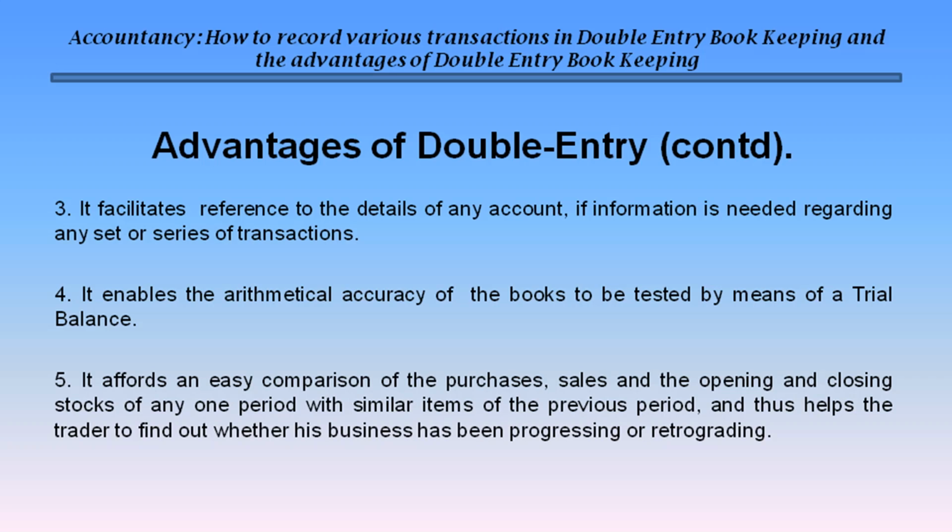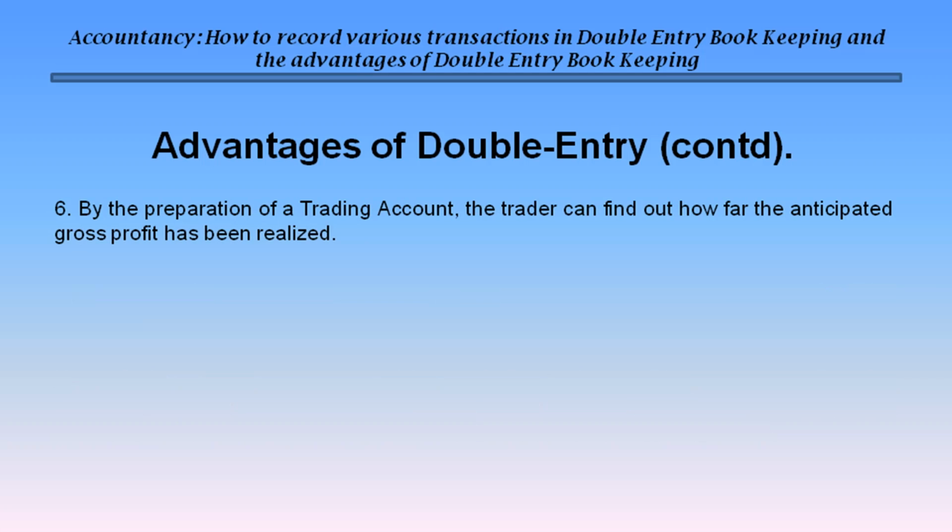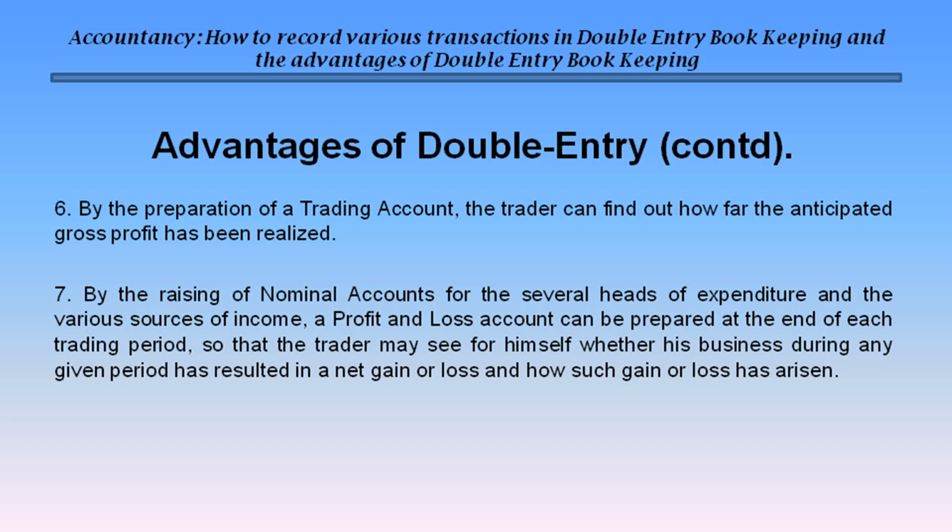It enables the arithmetical accuracy of the books to be tested by means of a trial balance. It affords an easy comparison of the purchases, sales, and the opening and closing stocks of any one period with similar items of the previous period, and thus helps the trader to find out whether his business has been progressing or retrograding. By the preparation of a trading account, the trader can find out how far the anticipated gross profit has been realized.